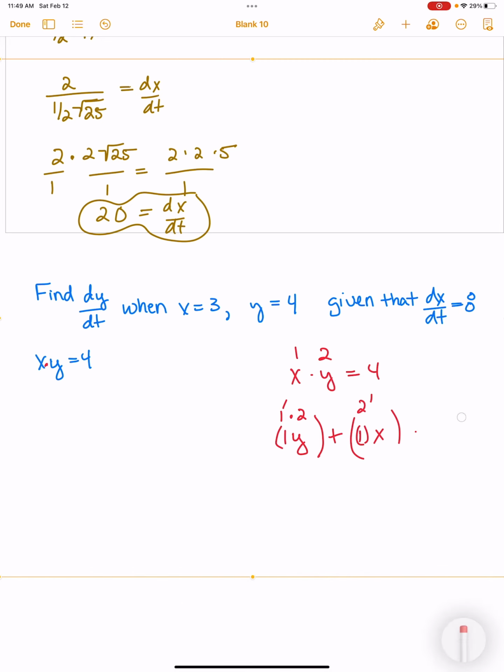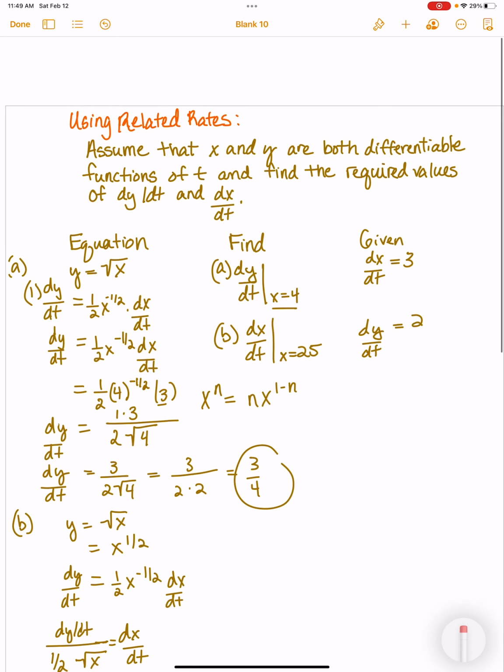But remember, we are assuming that these are differentiable functions of t.